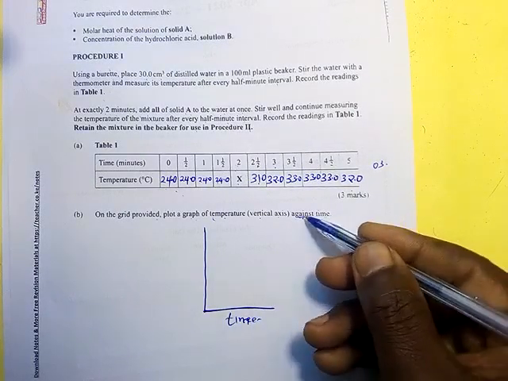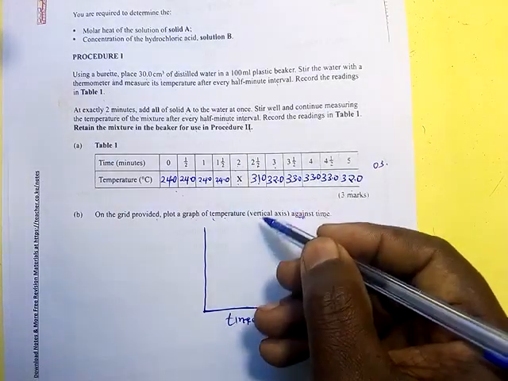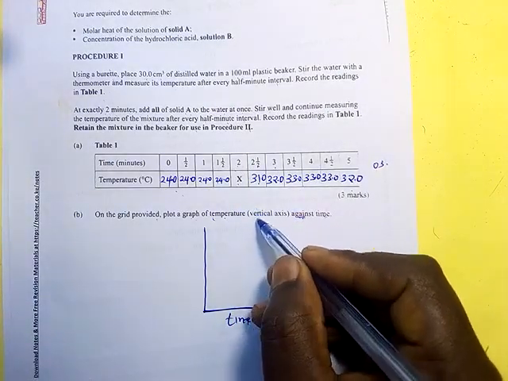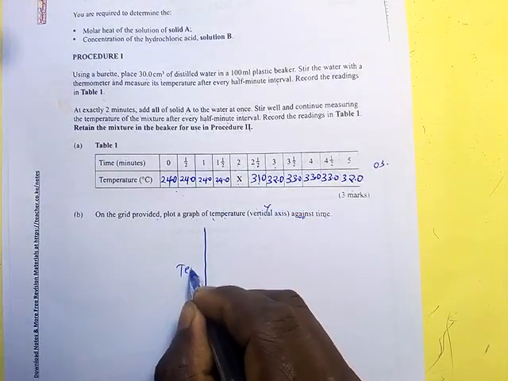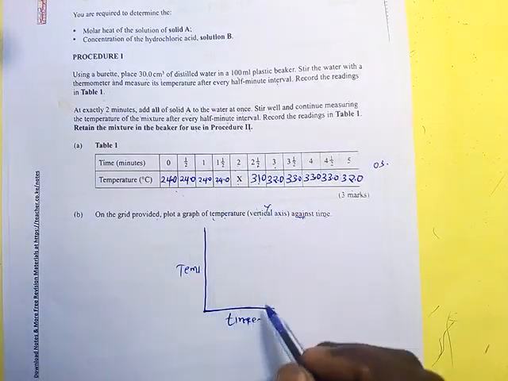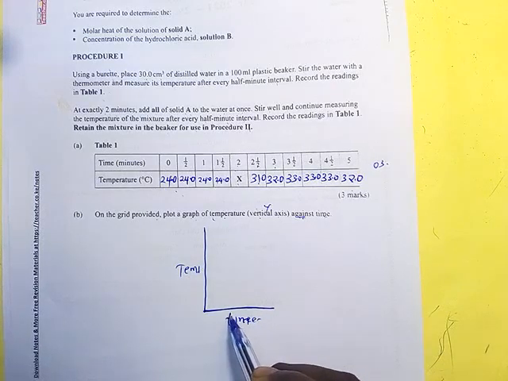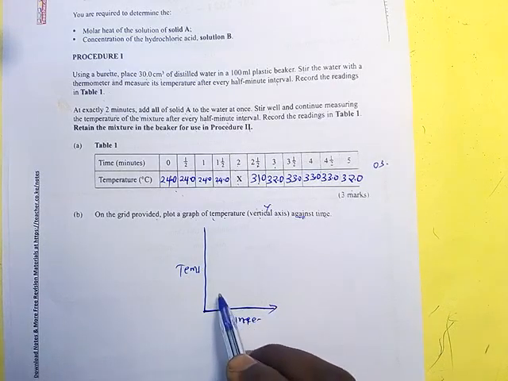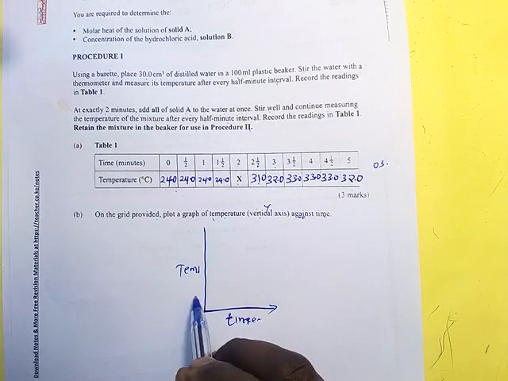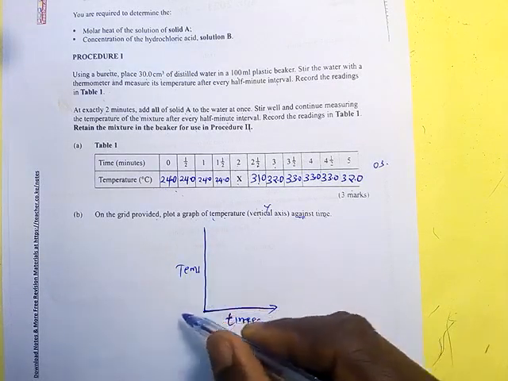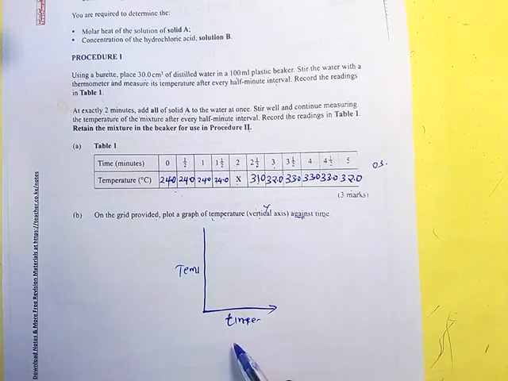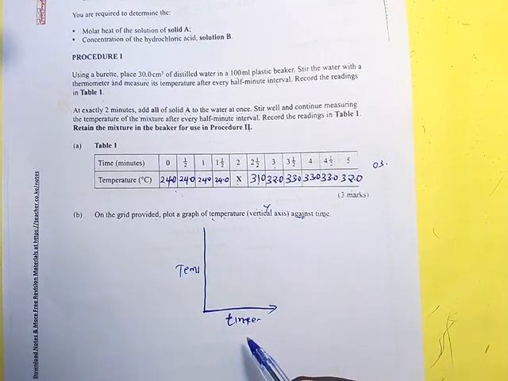The x-axis comes after the word against, and then the vertical. They have also told you vertical axis. That is the y-axis. So this is temperature. So make sure you know how to put the scale, because if you put it the other way around, you will not get the mark for labeling. So let us go straight and look at the graph.